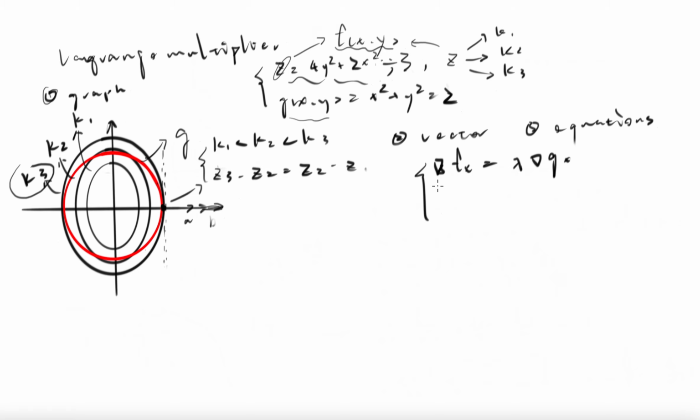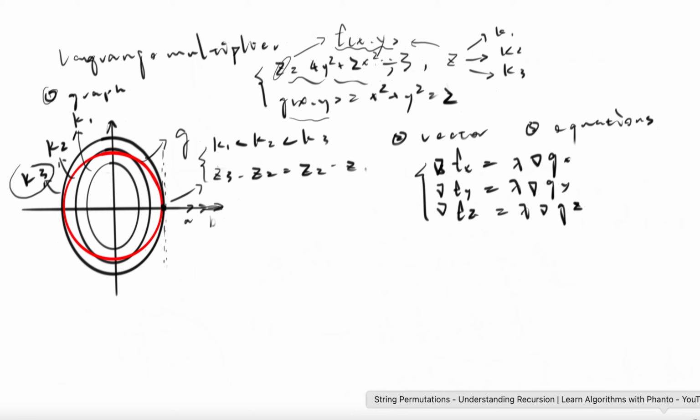Don't freak out about lambda. It's just a constant. If they have the same value in every direction, that means they have the same gradient. Their gradient vectors are also pointing in the same direction.